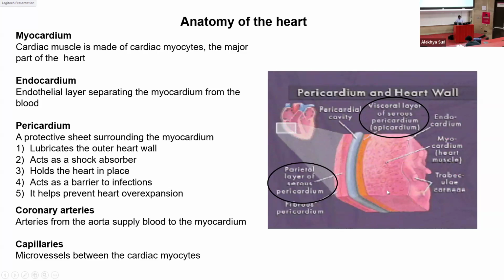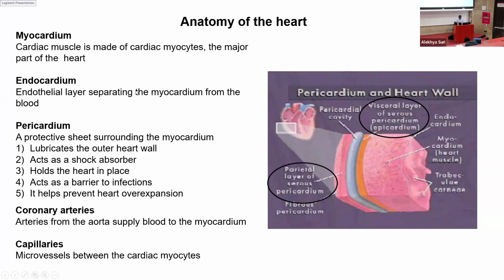The major portion of the cardiac muscle, if you take the cross section, which is involved in muscle contraction, is called myocardium. Sometimes people say myocardium for the whole heart, but the myocardium indicates the working part of the cardiac muscle, which is made of mostly cardiac myocytes.